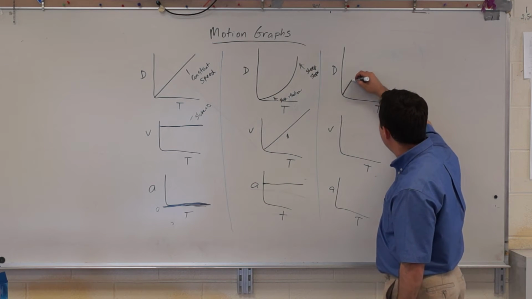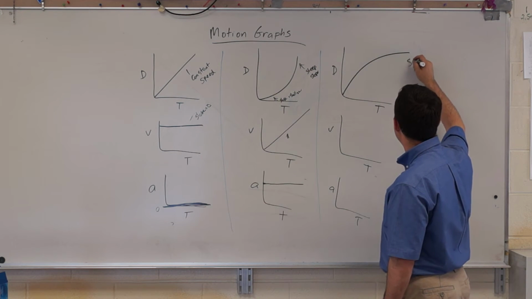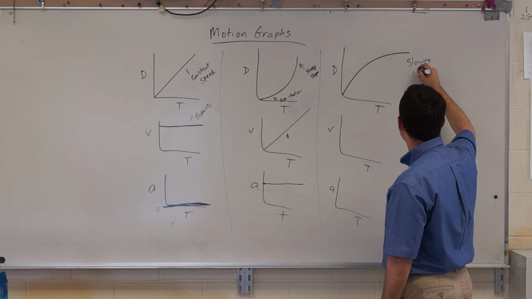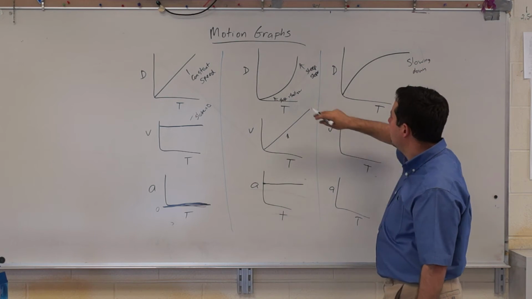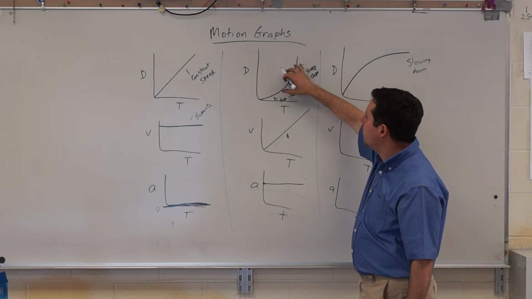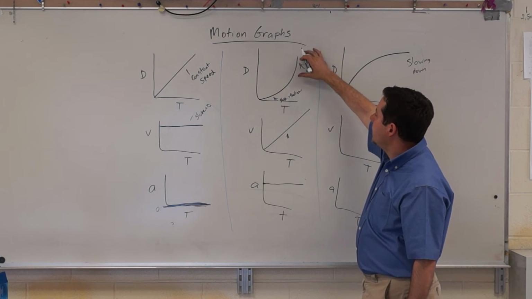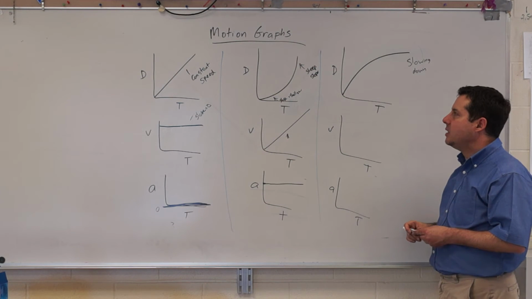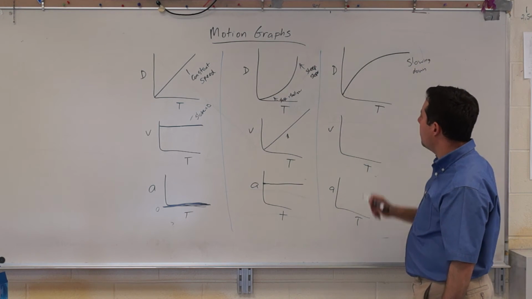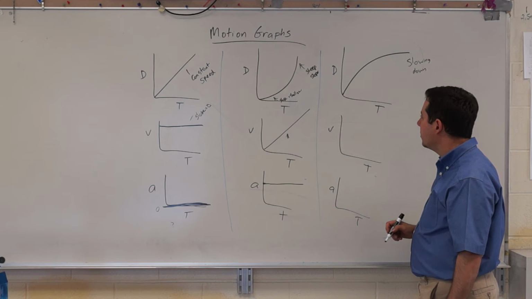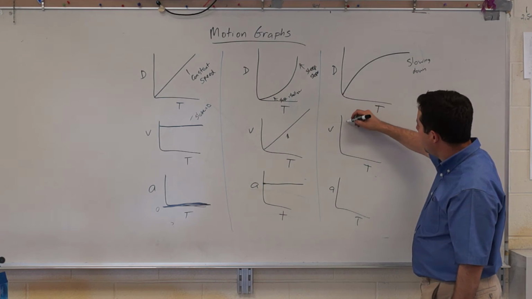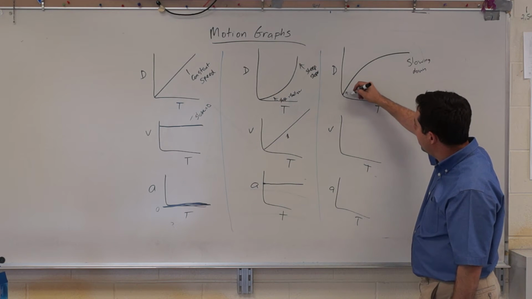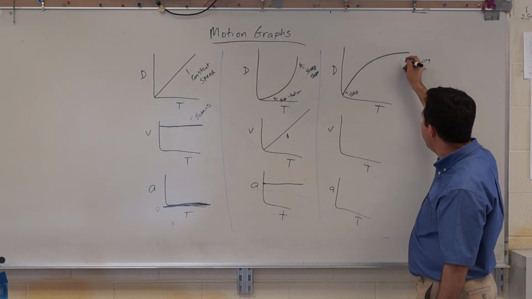I can give you an object that is slowing down. So for this one, you see that each time increment, because the velocity is getting bigger, it's going a further distance in a smaller amount of time, it's speeding up. This one's going a smaller and smaller distance every second. So the velocity starts out at a big number, it's steep, and then ends up shallow.